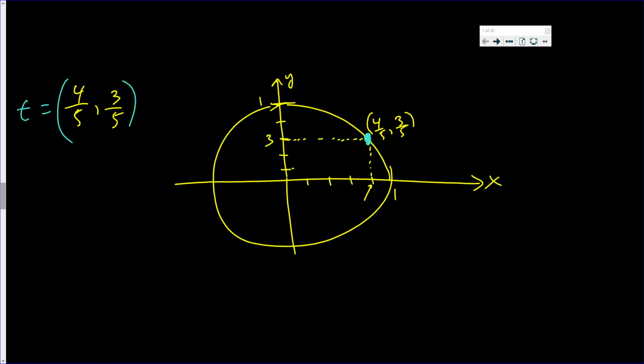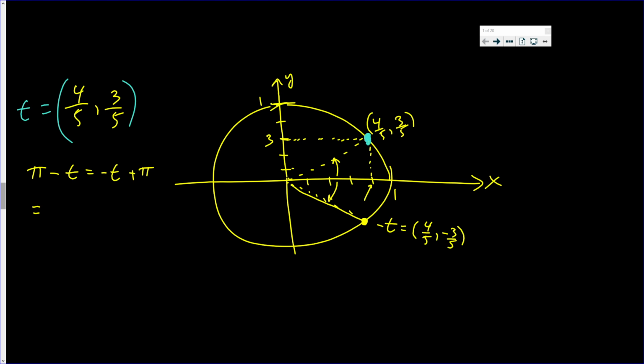So we want to find pi minus T. Keep in mind that that's the same as negative T plus pi. Well, negative t would be right here. That is, instead of going positive t, we just go back the same amount. Right there is negative t, which happens to be 4/5, negative 3/5.